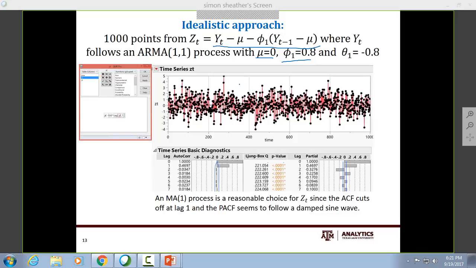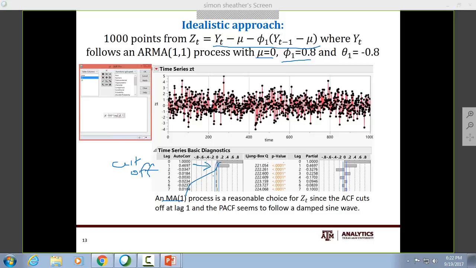Then if you look at the series Z_t, have a look at what happens to the ACF and the PACF. The ACF cuts off at lag 1. So this looks like MA(1), and the PACF is damped sinusoidal. So if we knew what the AR piece was, we could subtract that out of the process and then model what's left over as MA and figure out the MA order.